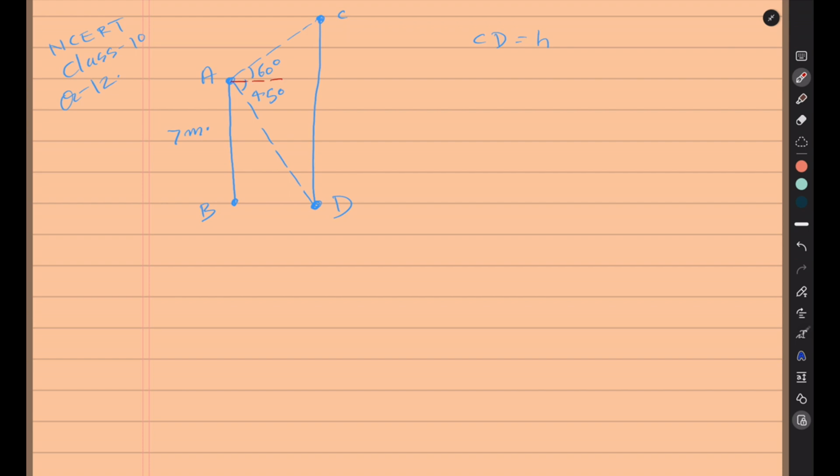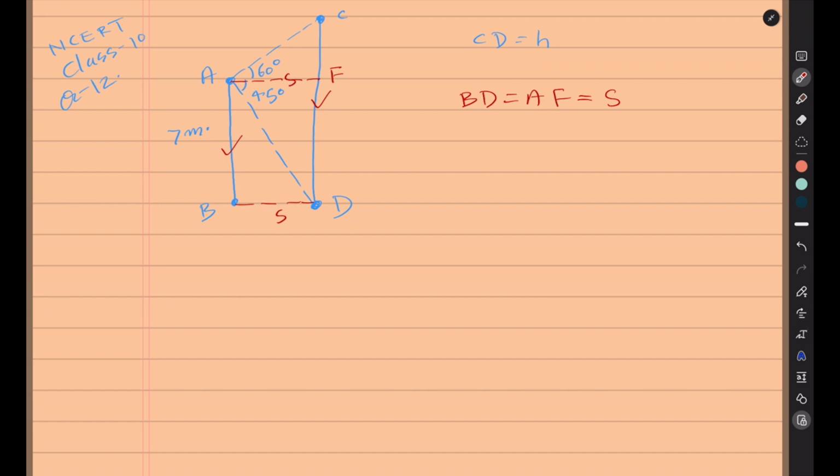There is no problem in making these two horizontal lines, isn't it? Where BD is the distance between this building and this cable tower. So if this is, for example, F, then BD will be equal to AF. Do you agree? Let it be something, maybe you can call it S. So this is also S, this is also S, distance.